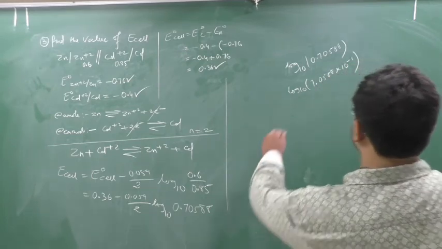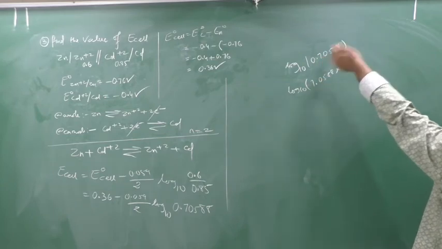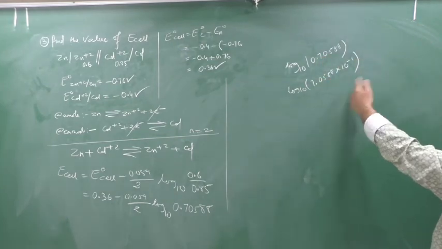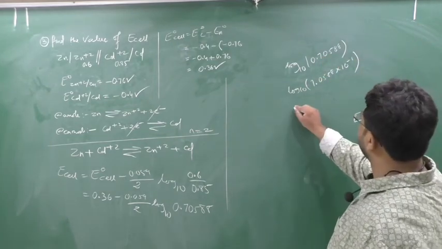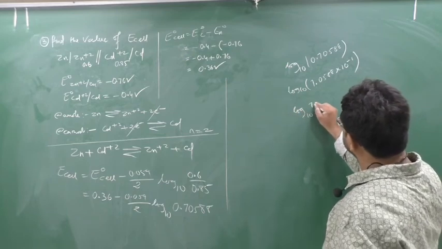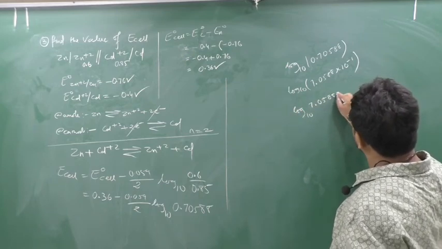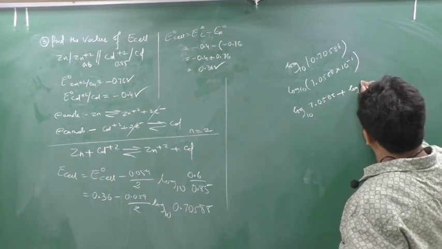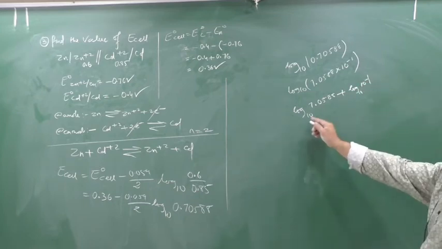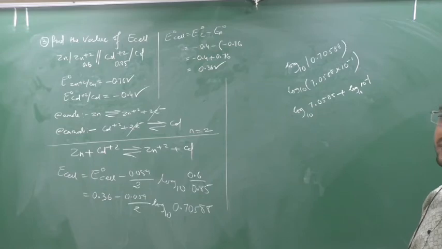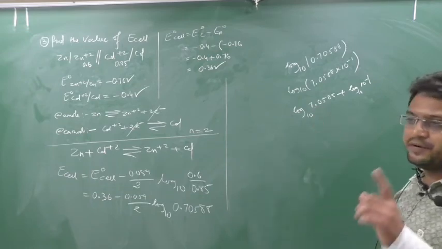Yes or no? If I go ahead, I am going in the positive x direction, means minus 1. So log AB, log to the base 10 of 7.0588 plus log to the base 10 of 10 to the power minus 1. You calculate the log for this. So before the point of 7 there is one number, so minus 1.